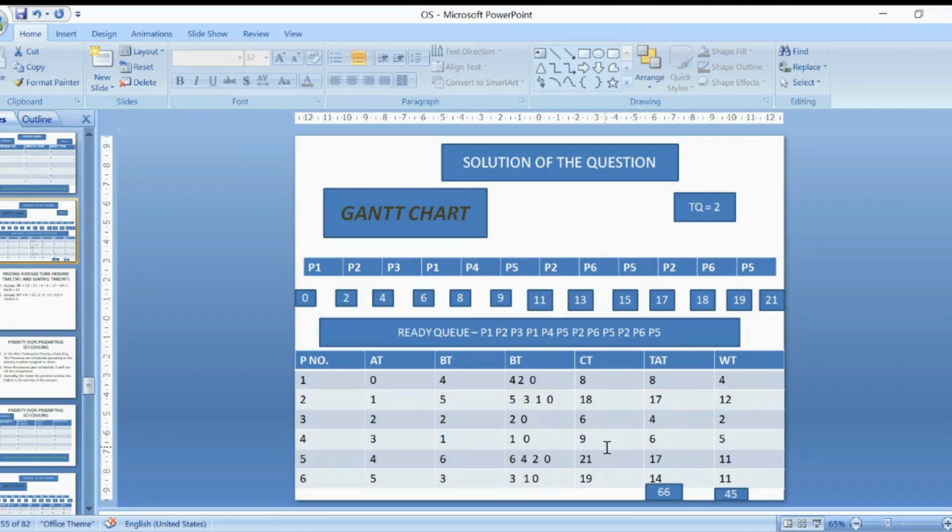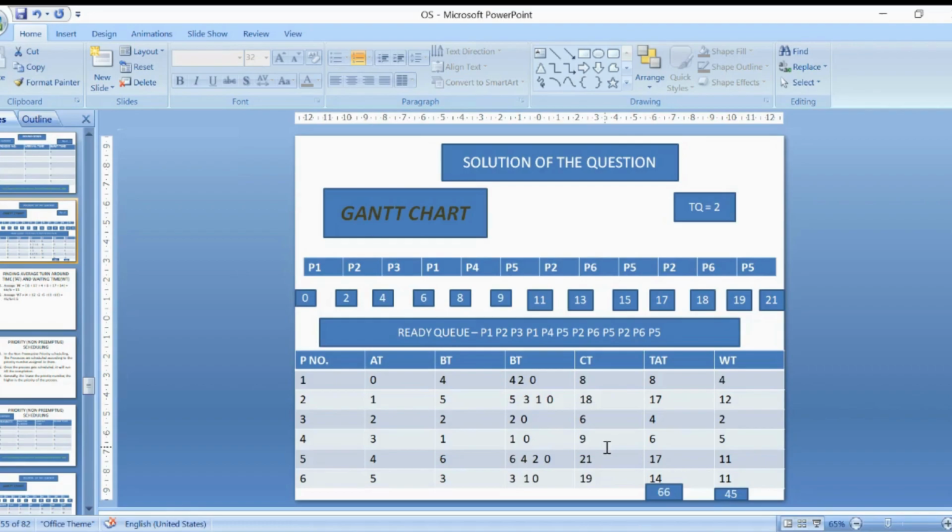After finding the turnaround time, we are going to find out the waiting time for the question, and we can find out waiting time by subtracting burst time from turnaround time. So for process 1, the waiting time is 8 minus 4, that is 4. For process 2, 17 minus 5, that is 12.